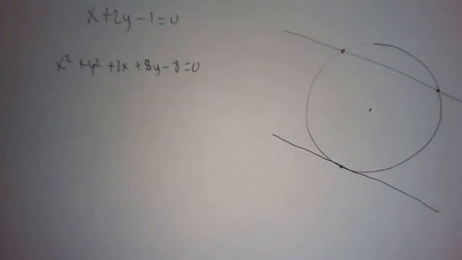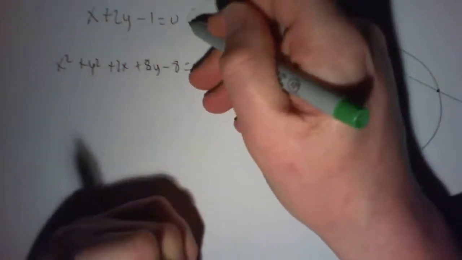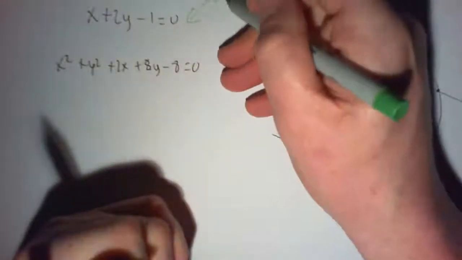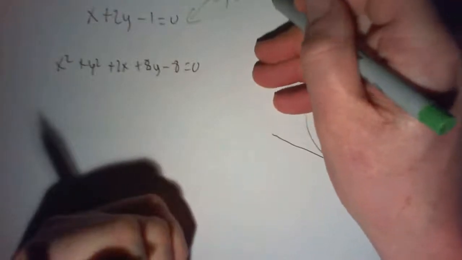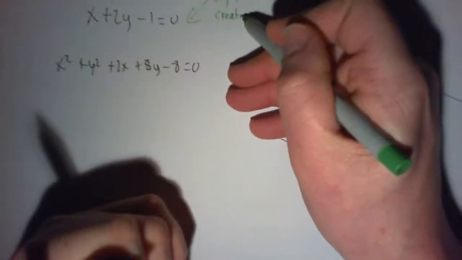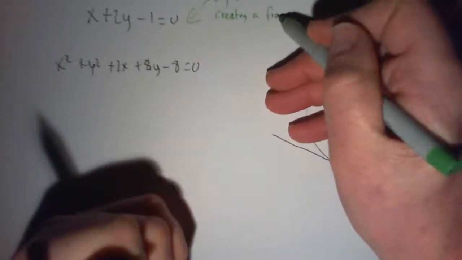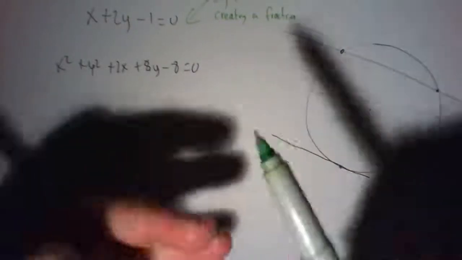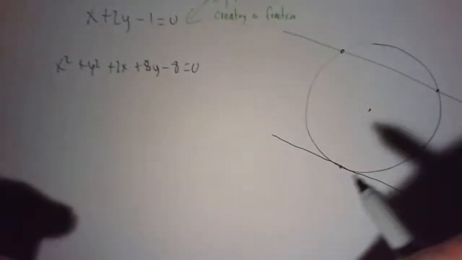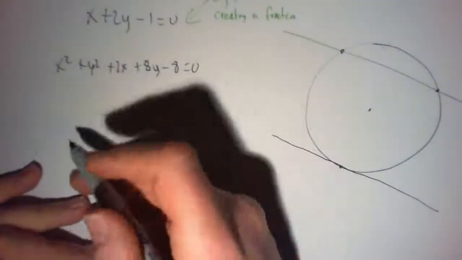Now the trick when we're doing this is, when you're rearranging this in order to substitute it in, try to avoid, if possible, creating a fraction. I'll show you down here, and then I'm going to rewrite the question and do it in full. You could rearrange this two ways.